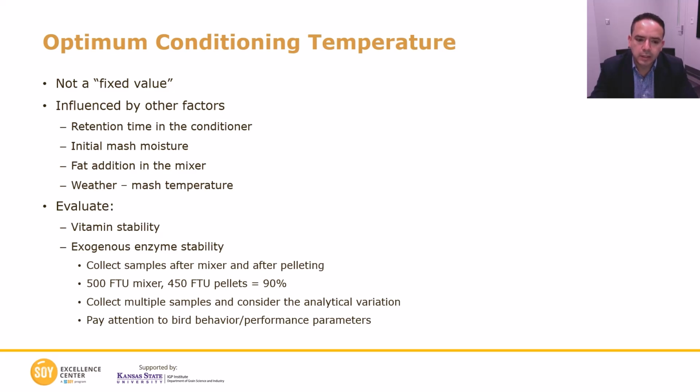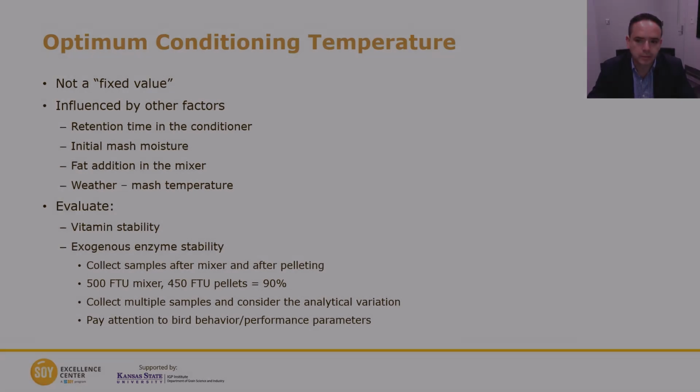Then you can collect samples after pelleting, even after the conditioner, and see how much enzyme you're losing. Then you can decide to reduce the conditioning temperature slightly, or add more of that enzyme in the formulation to compensate for the losses in the conditioning process.